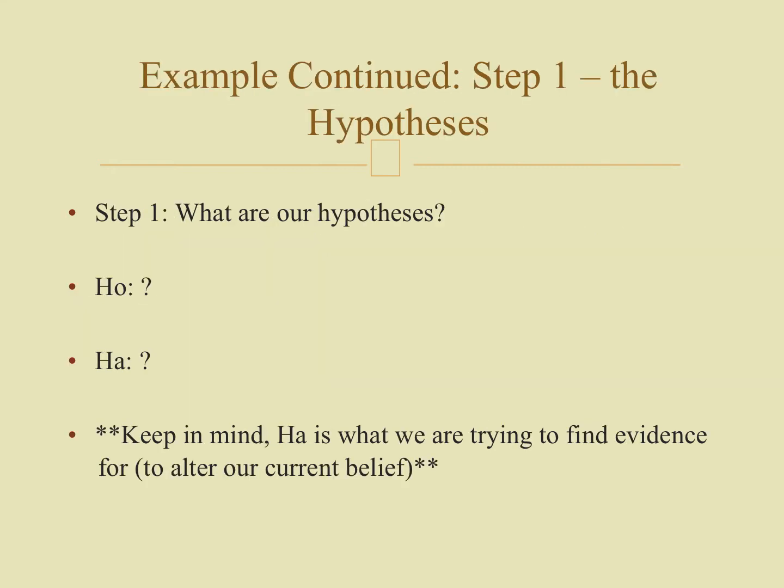To start off, what are our hypotheses? Unlike past units where it's been mu equals a number or p equals a decimal, this is now complete sentences in our hypotheses. In this example, what we're trying to find evidence for is, did we sell T-shirts in a different ratio than we expected to sell?